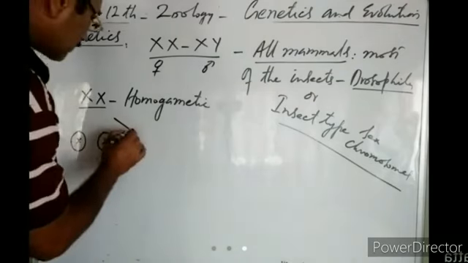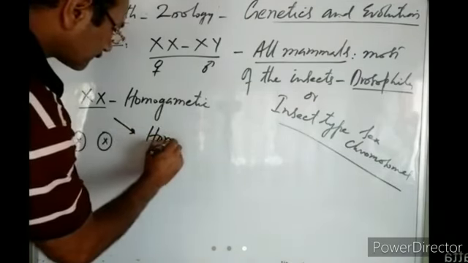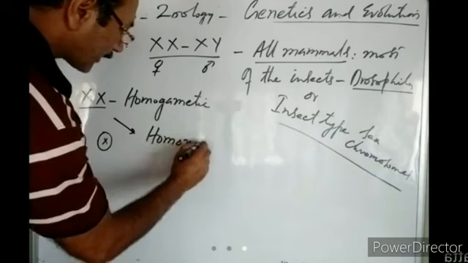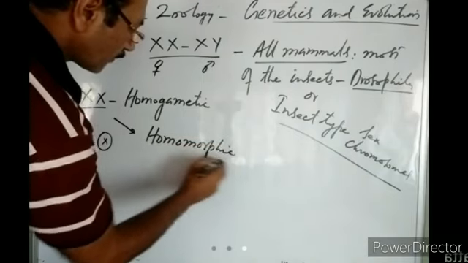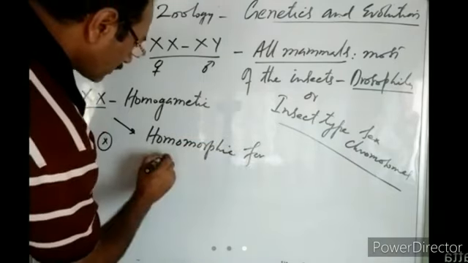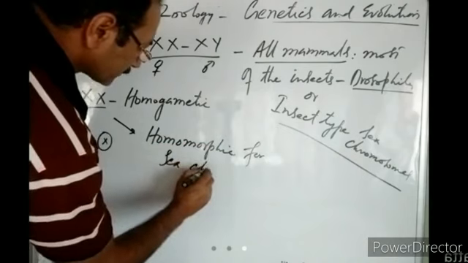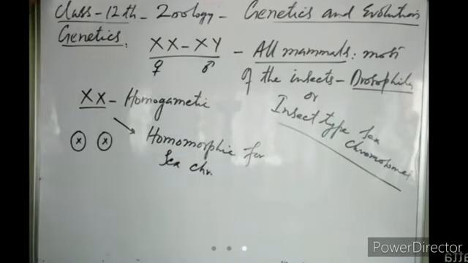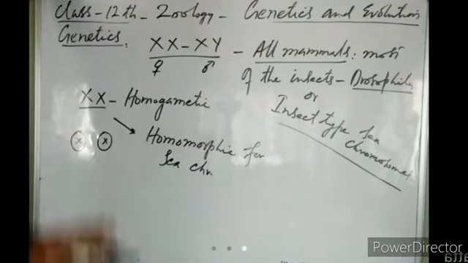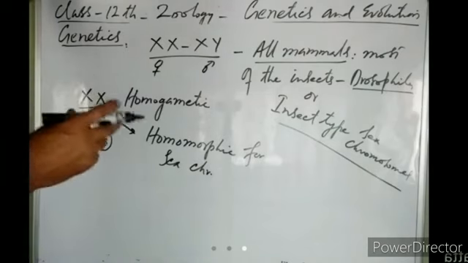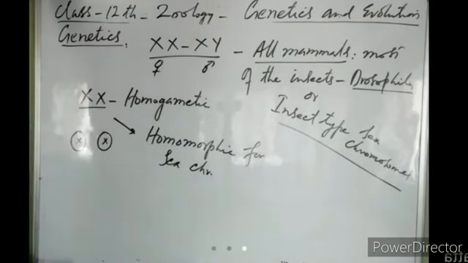And the female is also homomorphic for sex chromosomes. What do you understand by homomorphic? Both the sex chromosomes are similar in shape and size.